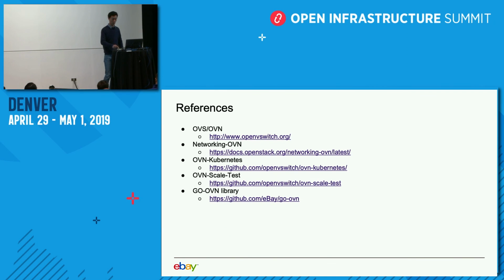Okay, so this is most of my talk. There are some references. There's ongoing work about splitting OVN from OVS, but otherwise all the other links should still be okay. And I would like to thank the community.